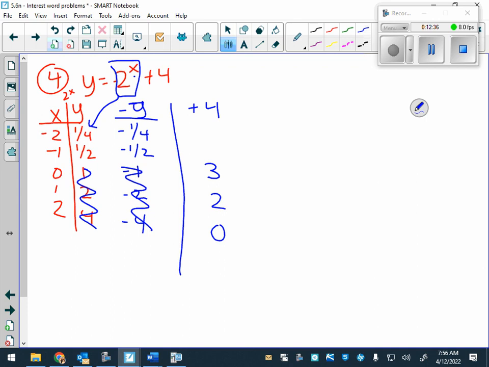Number 1 on the graphing page. Okay, this one's just moving to the right 4. So you have to do your parent function first.